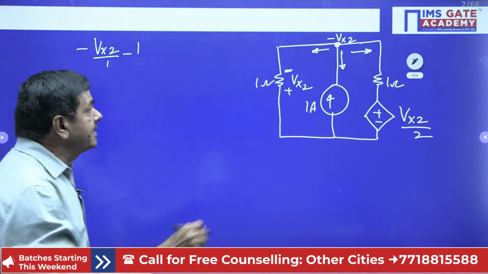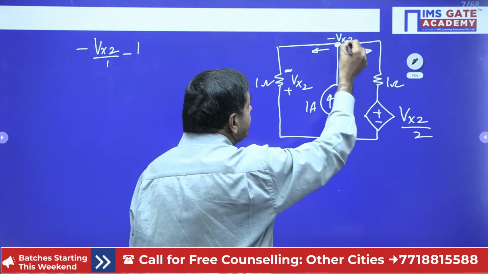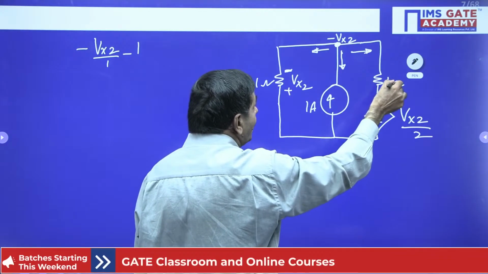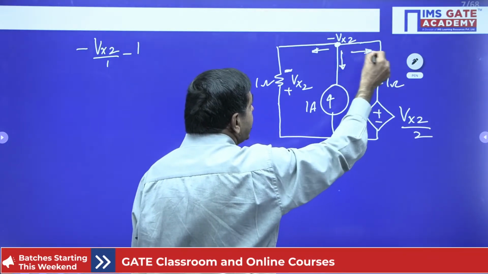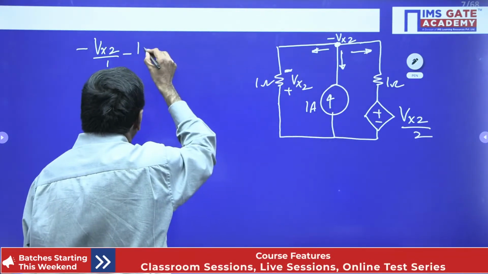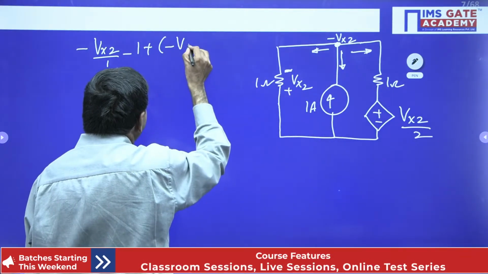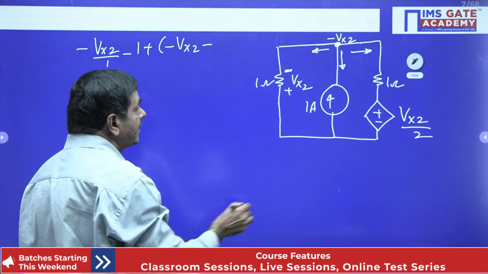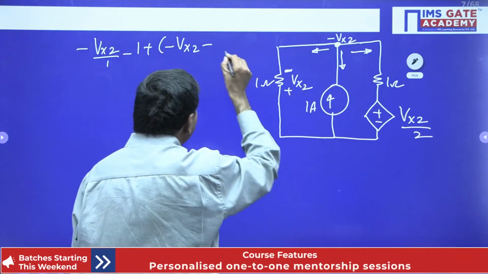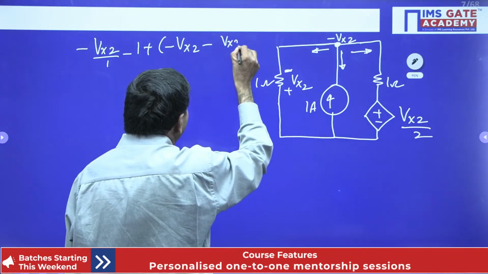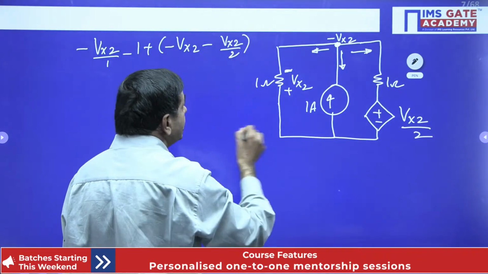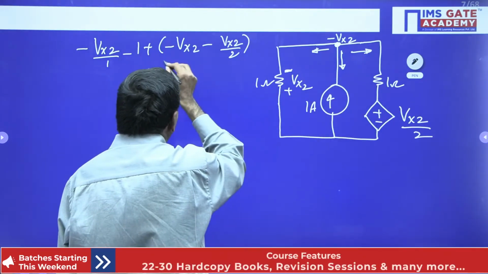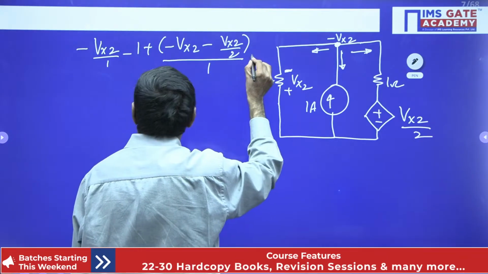What current is passing this side? This current is nothing but minus Vx2, minus what voltage? Vx2 by 2, divided by 1 ohm. Voltage by resistance gives current.